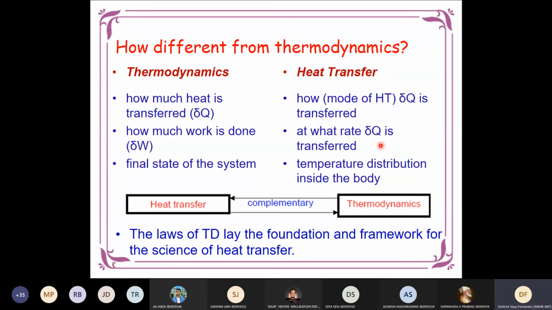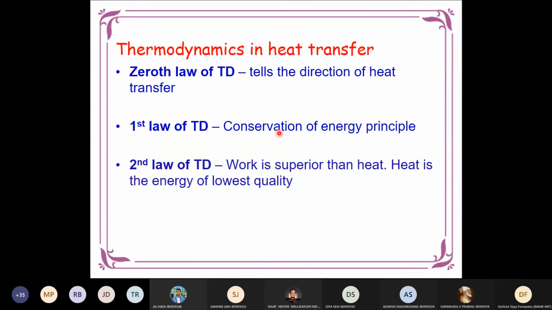Then we apply the first law of thermodynamics. So what is that? First law of thermodynamics. Anybody?